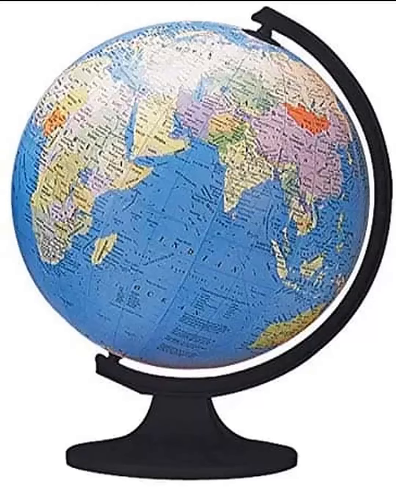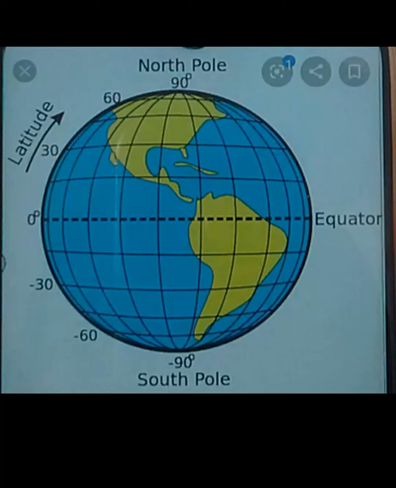Now second part, that is equator. Now what do you understand by the term equator? Now see children, the equator is an imaginary circle around the earth dividing it into how many parts? 2 equal parts.